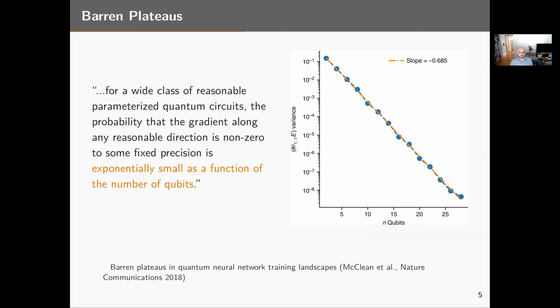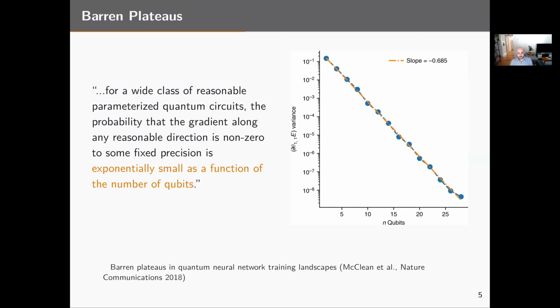In 2018, McClean et al. published a paper where they were looking at various classes of parameterized quantum circuits, or quantum neural networks, and they noticed that for various classes of models, the probability that the gradient along any direction is non-zero for some fixed position is exponentially small as you increase the number of qubits of your model.